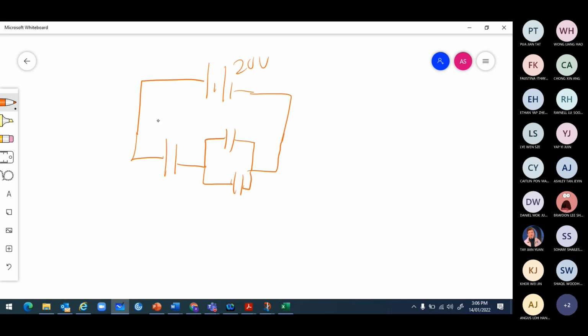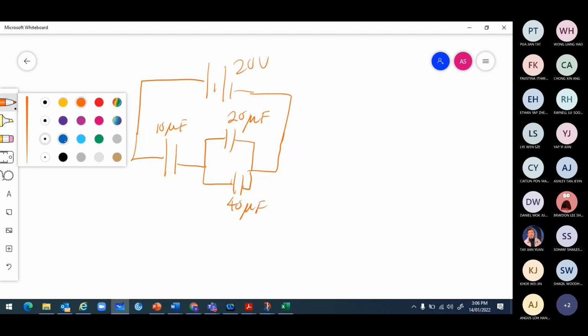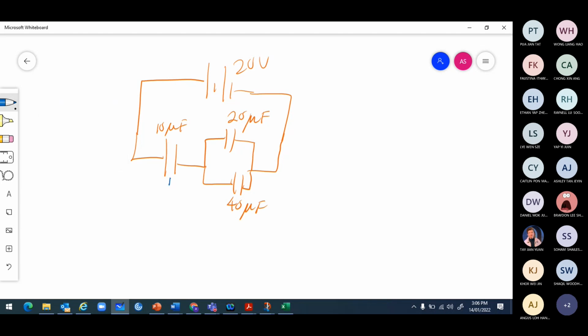This is 10 microfarad. This is, let's say, 20 microfarad. The bottom one is 40 microfarad. This is the circuit. Now this is the first one, 1. This is 2. The bottom is 3. So this is the complex one, series and parallel together.